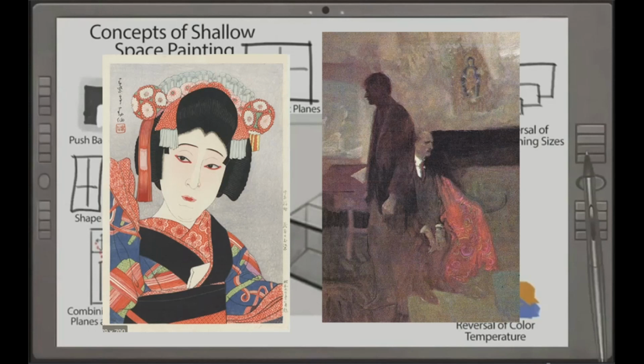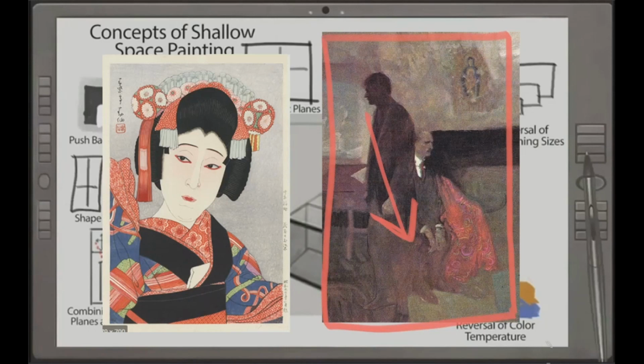The space on the right is shallow space or limited space. It's not deep space. The eye's not going way back into the distance. Even here, where the open window is and you see the clouds, you don't get a feeling of great distance. It looks closer. Everything is brought closer to the picture plane. And because of that, everything is flattened out more, but not entirely, like I said.